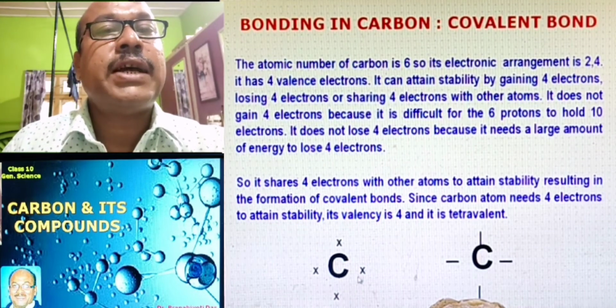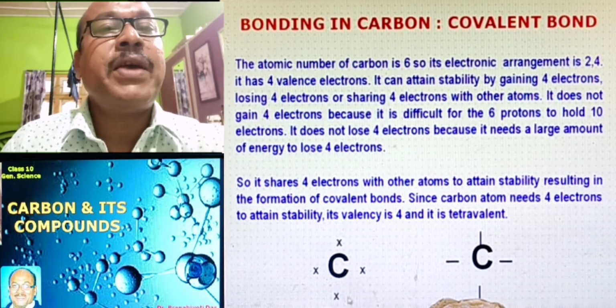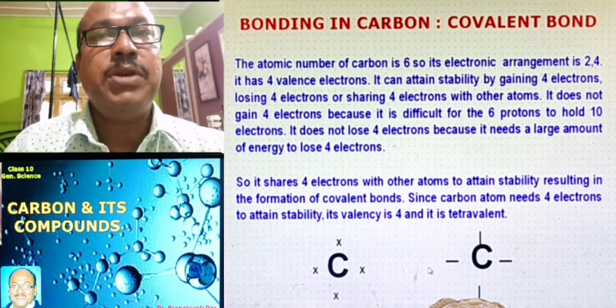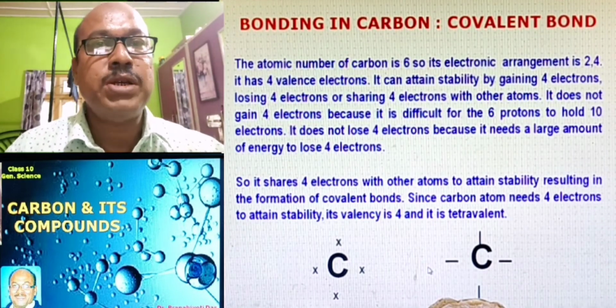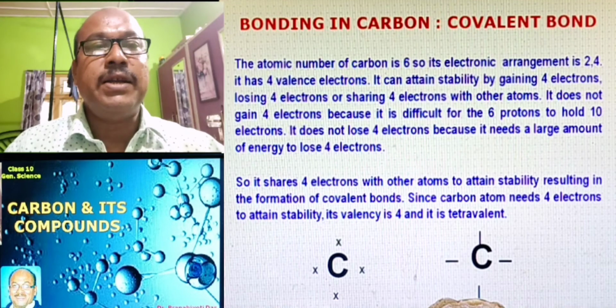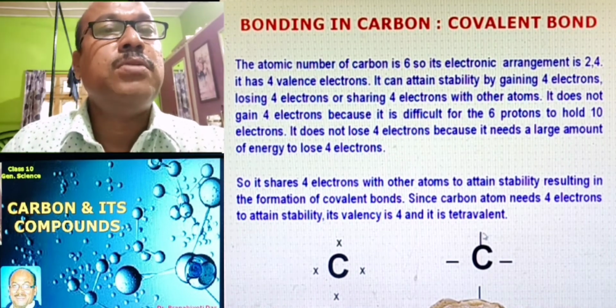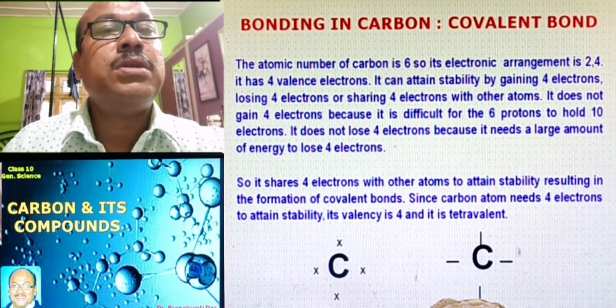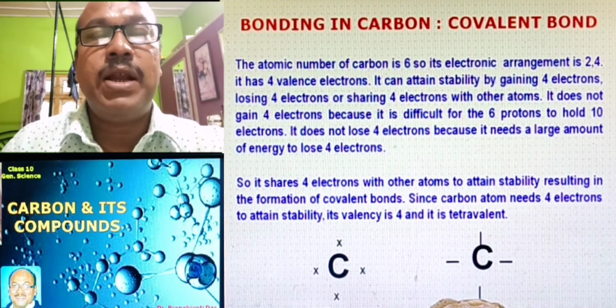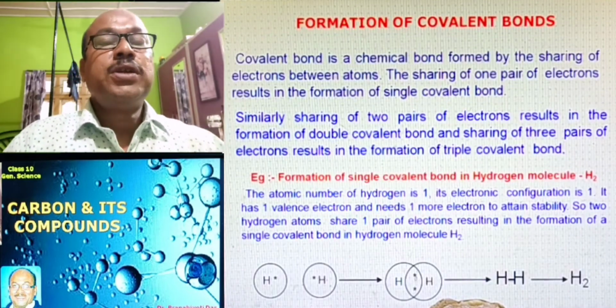This is the first, second, third, and this is the fourth. These 4 valence electrons will be shared by the carbon atom with some other monovalent element, and in that way carbon will form 4 covalent bonds. We are representing this in the second diagram with 4 covalent bonds. Carbon is exhibiting tetracovalency.